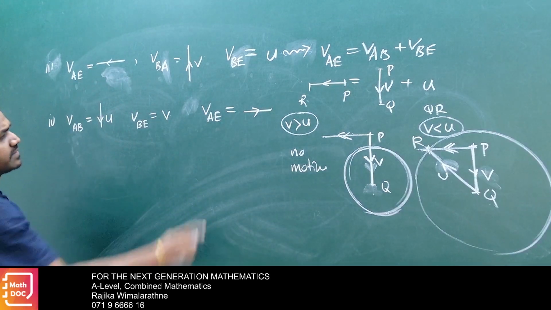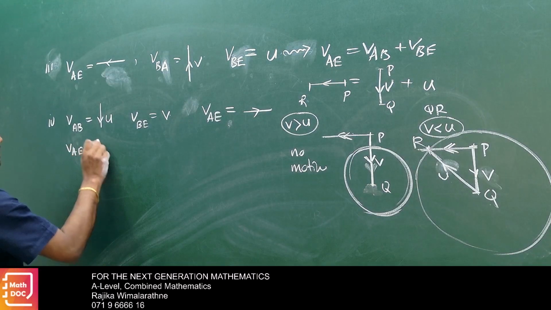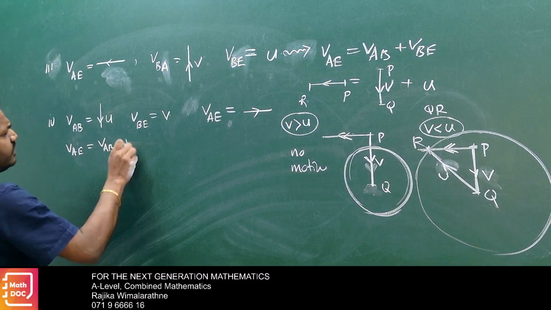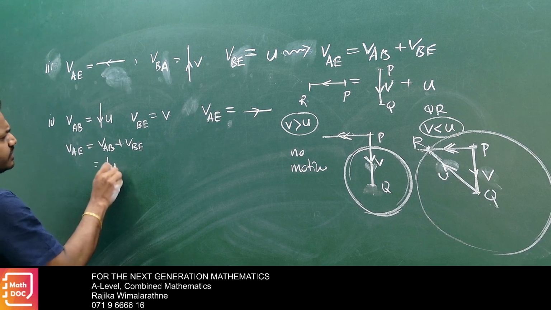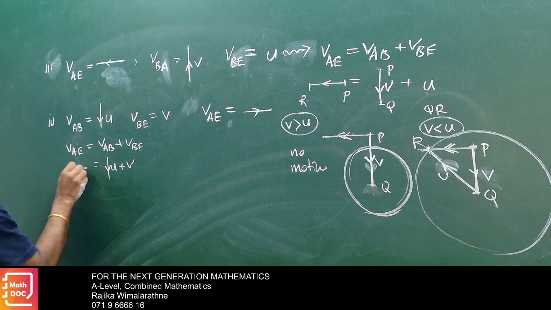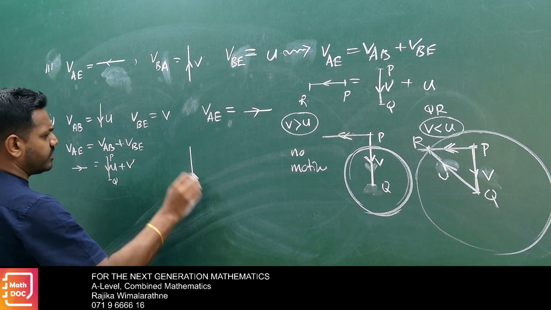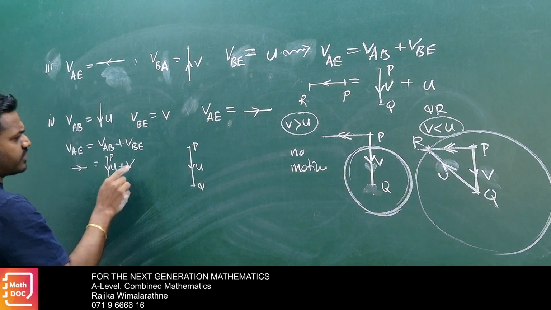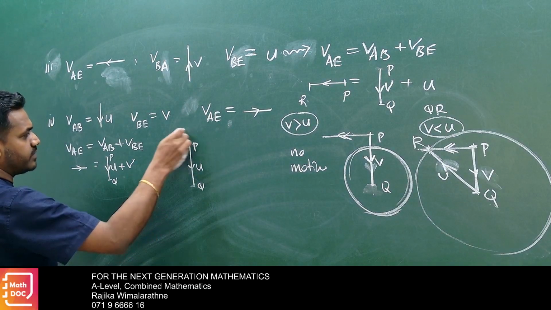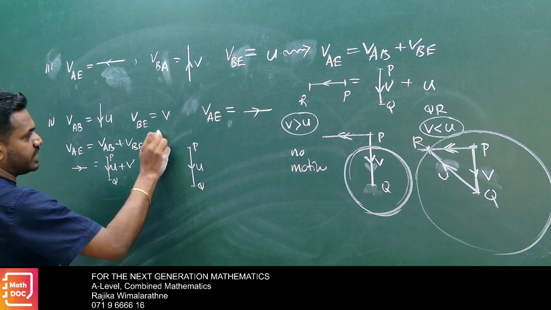You subject this VAE, VAB, VBE. VAB downward U, BE V, here it is. Here PQ, QR V, here V. So take the V greater than U case.